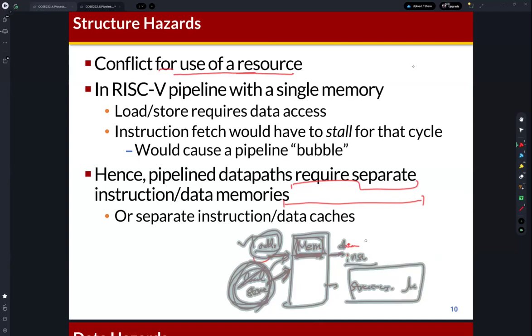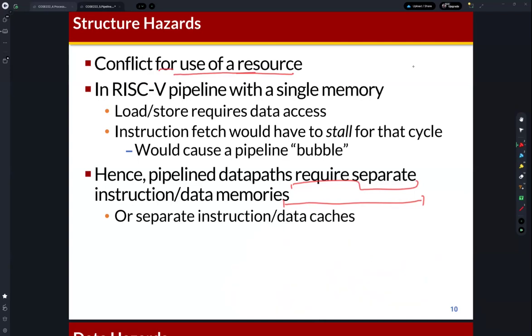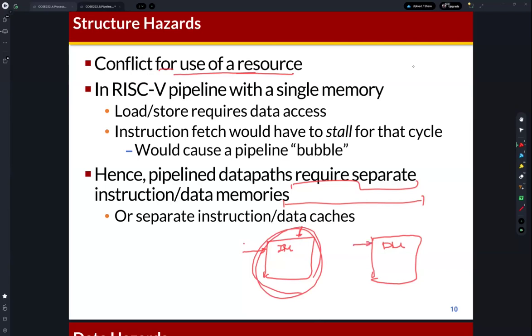So in order to avoid this situation, we split the memory into the instruction memory and data memory. So instruction memory is always used for fetching instructions, and data memory is used for accessing data by load or store instructions. So that's why the memory is split into two parts, right? Actually, these memories are cache, not the real memory.